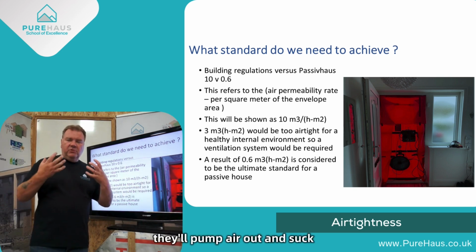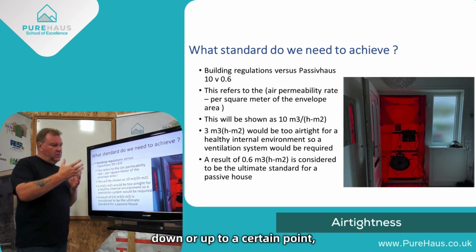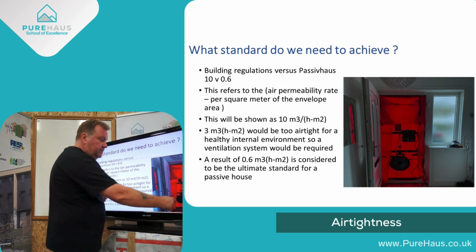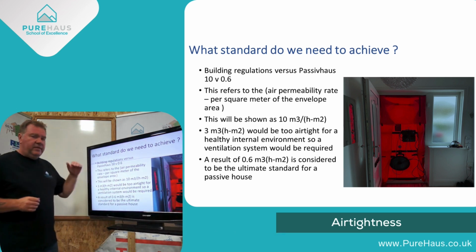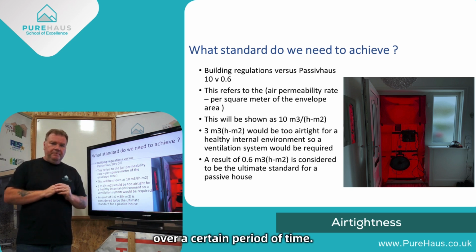They'll pump air out and suck it out of the building. And once they're down or up to a certain point, they'll then seal the door off, or the fan off. Once the fan's sealed, they will then calculate the amount of air lost over a certain period of time.